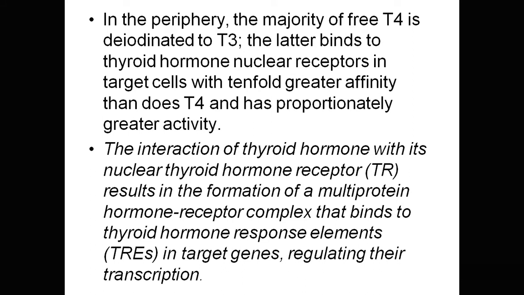In the periphery, the majority of the free T4 is deiodinated to T3, and this latter form binds to the thyroid hormone nuclear receptor in the target cells with 10-fold greater affinity than T4, and it has proportionately greater functional activity. So T3 is the more potent functional form of the thyroid hormone. T4 is deiodinated and converted to the T3 form in the periphery, so the more potent form is available in the peripheral tissue.